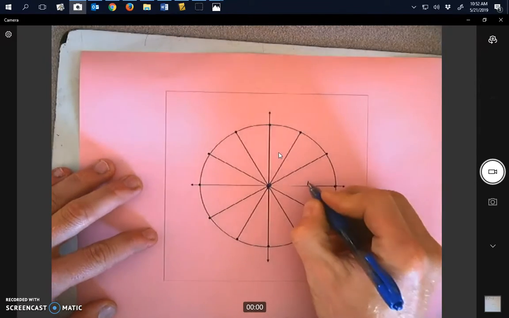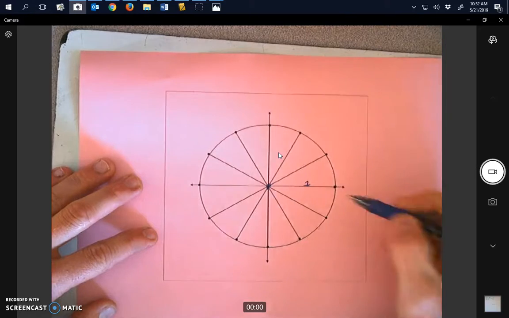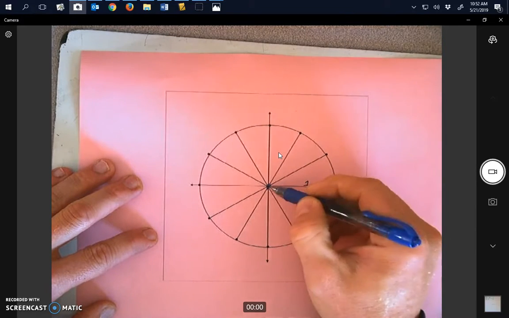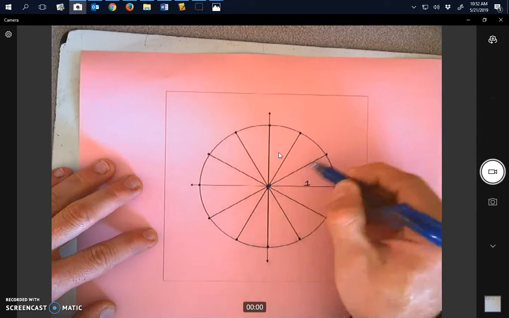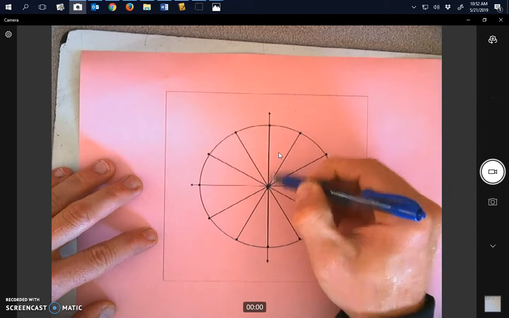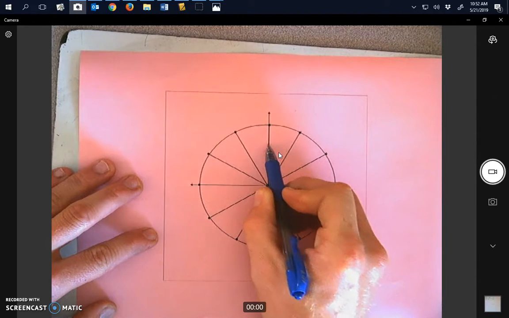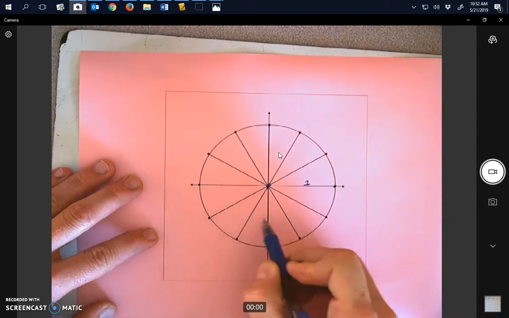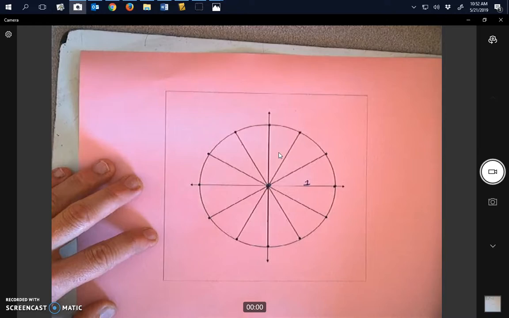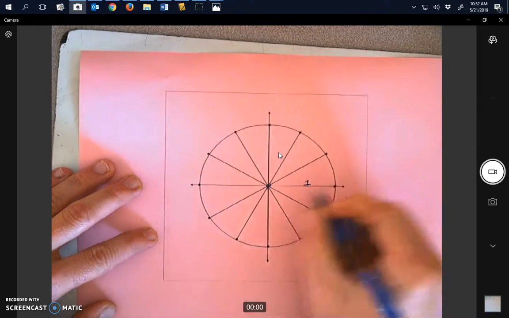Okay? Let me make that more obvious as a 1. What that also means is that every single radius of my circle is the same, which means if this is 1, these are all 1, all the way around. So a unit circle has a radius of 1.